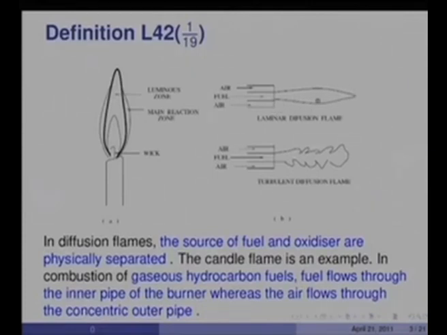So, this is a typical laminar diffusion flame where the velocities are low, but if the velocities were high, you will get what is called a turbulent diffusion flame with very jagged edges, unlike the laminar flame which has a nice smooth edge. So, gaseous hydrocarbon fuel flows through the inner pipe of the burner, whereas the air flows through a concentric pipe. So, this is the situation at hand, and essentially you have a free shear flow. There is no wall present across the thickness of the flow at all.